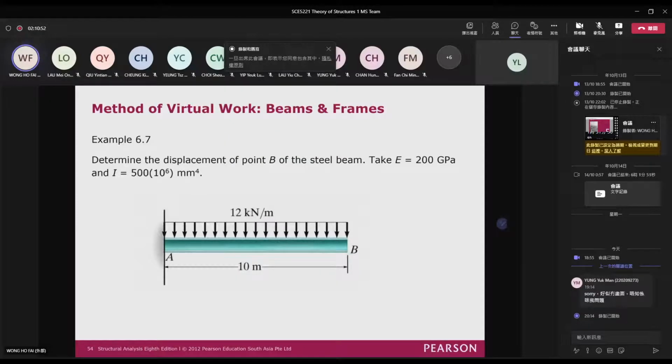So here I will just use an example to illustrate the idea. We want to find the displacement at the point B of the steel beam. So we want to find the displacement here. Then how can we find that? Again, don't forget that we want to find the displacement, so we have this equation.